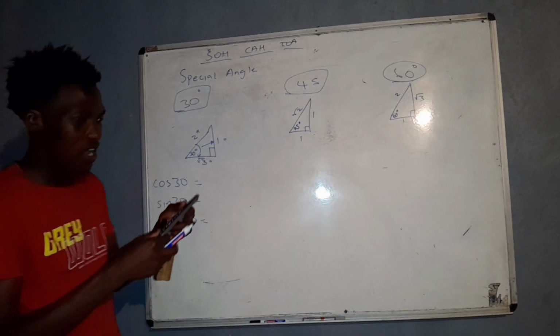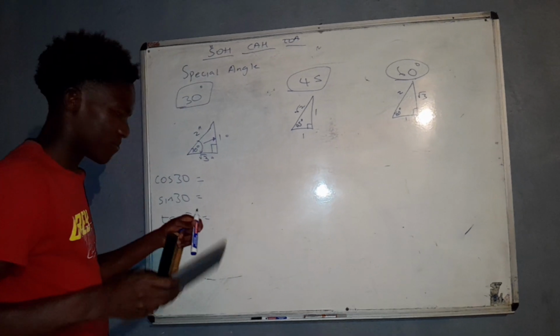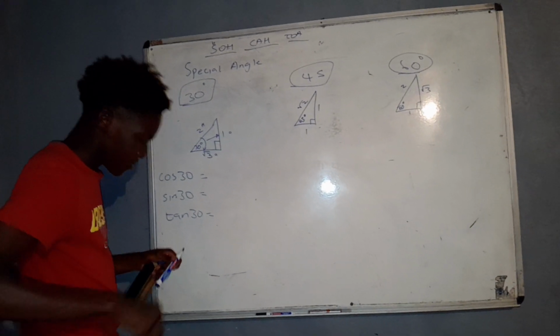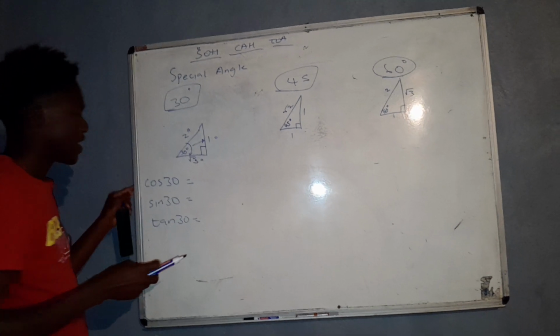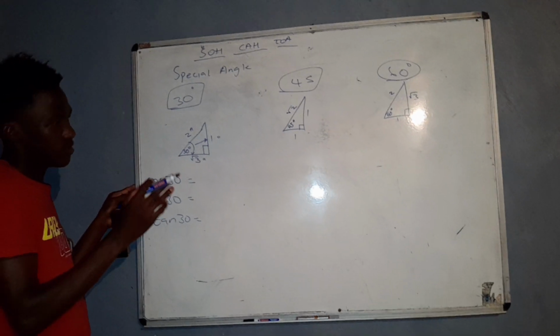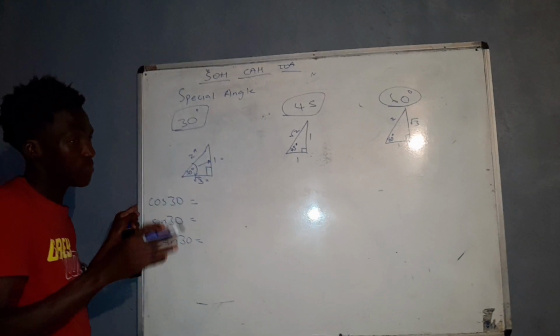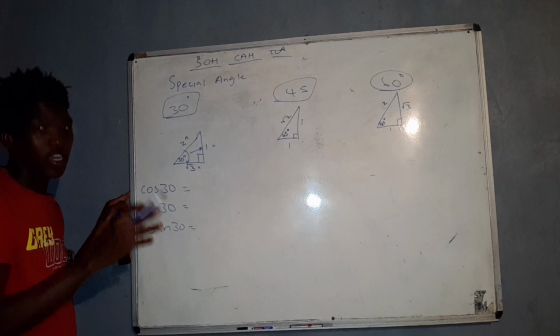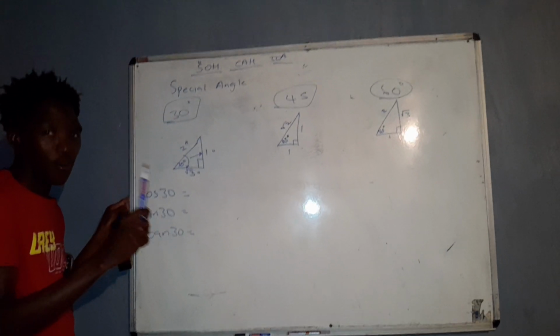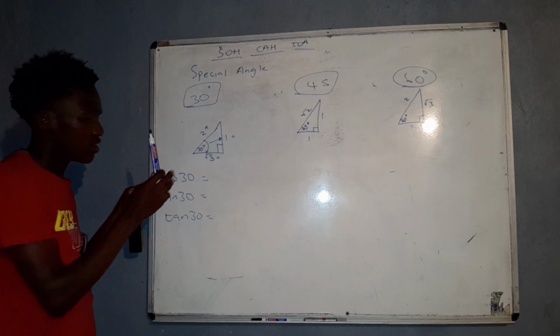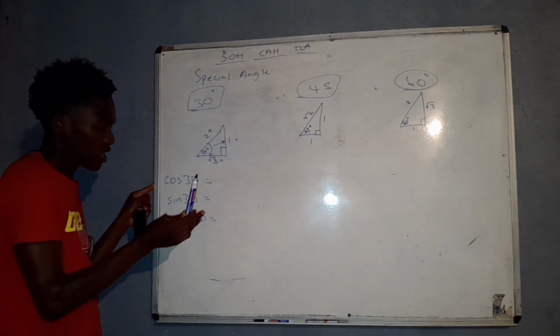Let me put my calculator away. How do you find sin 30? In most cases, in an exam, they are going to tell you not to use a calculator when doing these trig ratios. So this is how you do it.